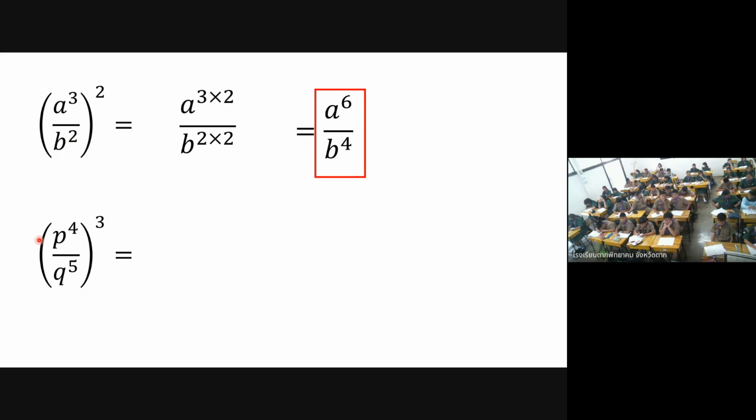Okay. P to the power of 4 over Q to the power of 5, all to the power of 3. Yes, mister. Please stand up. Can you tell me the answer? What's the answer?